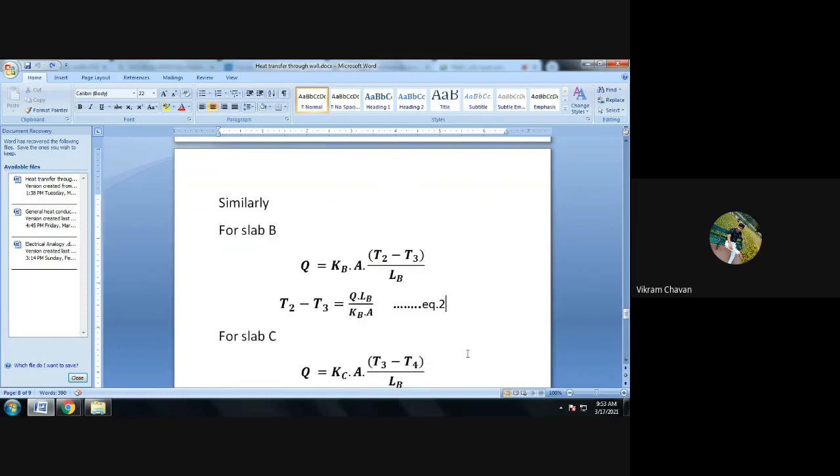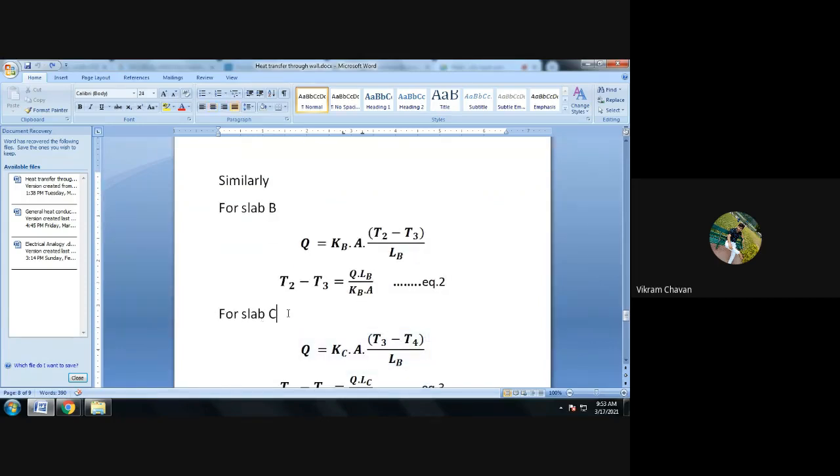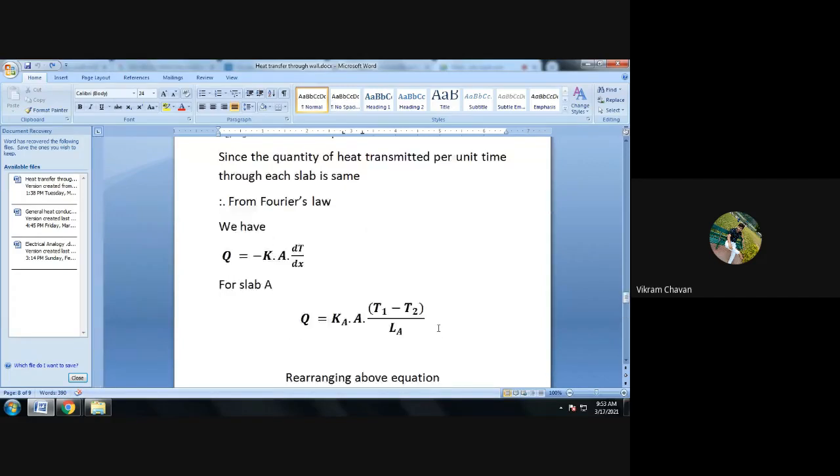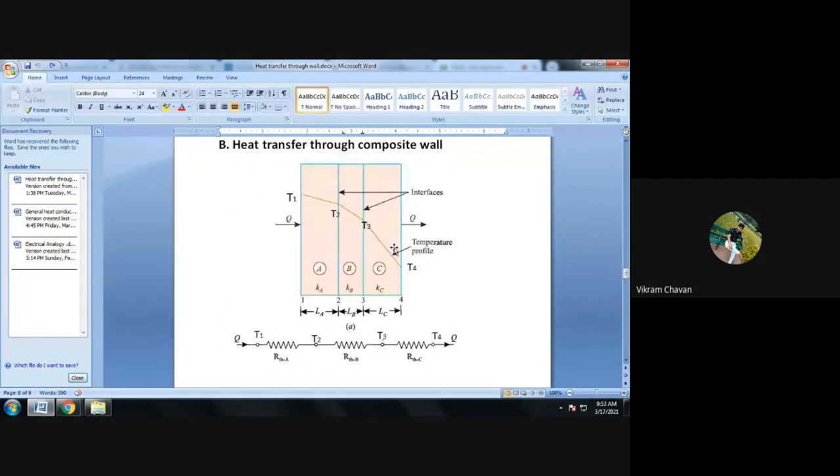In a similar fashion, we apply Fourier's equation for slab C. Now for slab C, what are the extreme point temperatures? Slab C is this one, and its thermal conductivity is K suffix C, its thickness is L suffix C, and the initial temperature for slab C is T3, and the final temperature is T4.